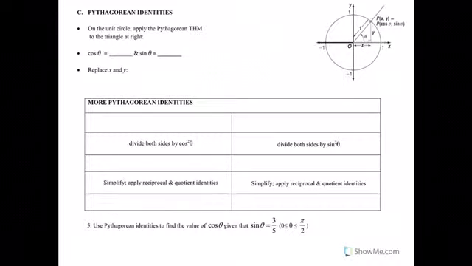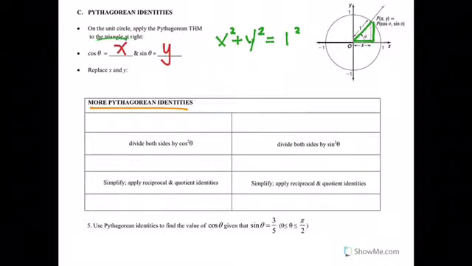All right, the last thing we're going to look at is a couple other Pythagorean identities. And these are based on the Pythagorean theorem as per their name. Okay. So last time we were talking about the unit circle, we were saying that the cosine of theta was x and the sine of theta was y. But if we look at this triangle right here, we know from the Pythagorean theorem that x squared plus y squared equals 1 squared.